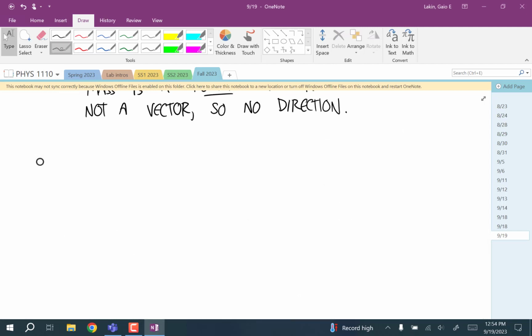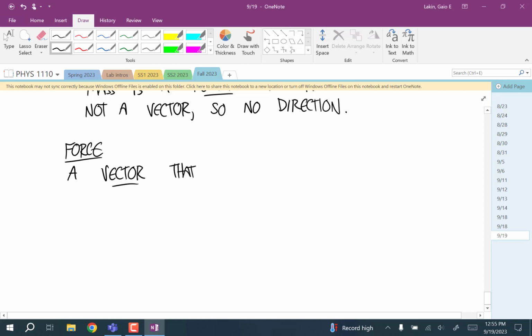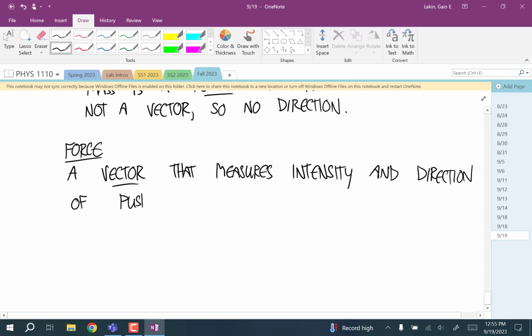The next thing we have to define is force. And force is a vector that measures the intensity and direction of a push or pull on an object.